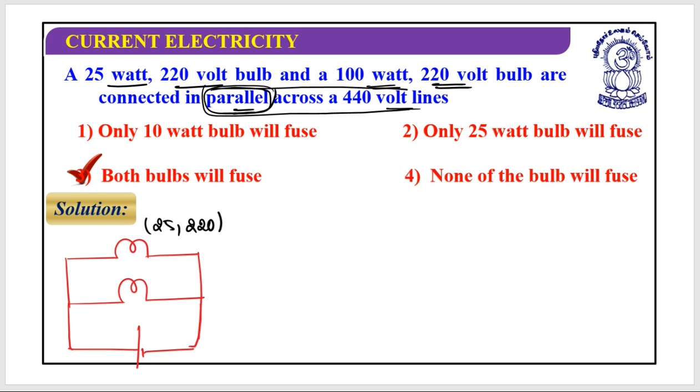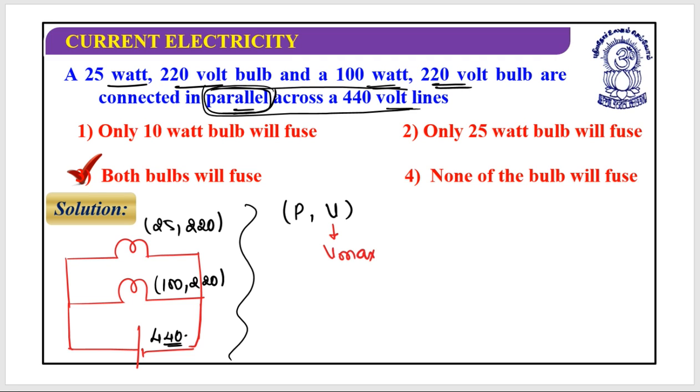The rating of the second is 100 watt, 220 volt. And I have connected this to the supply line of 440 volt. So in parallel the voltage will remain the same. When we have the P versus V rating of any bulb, this V is the V max that any bulb can have.